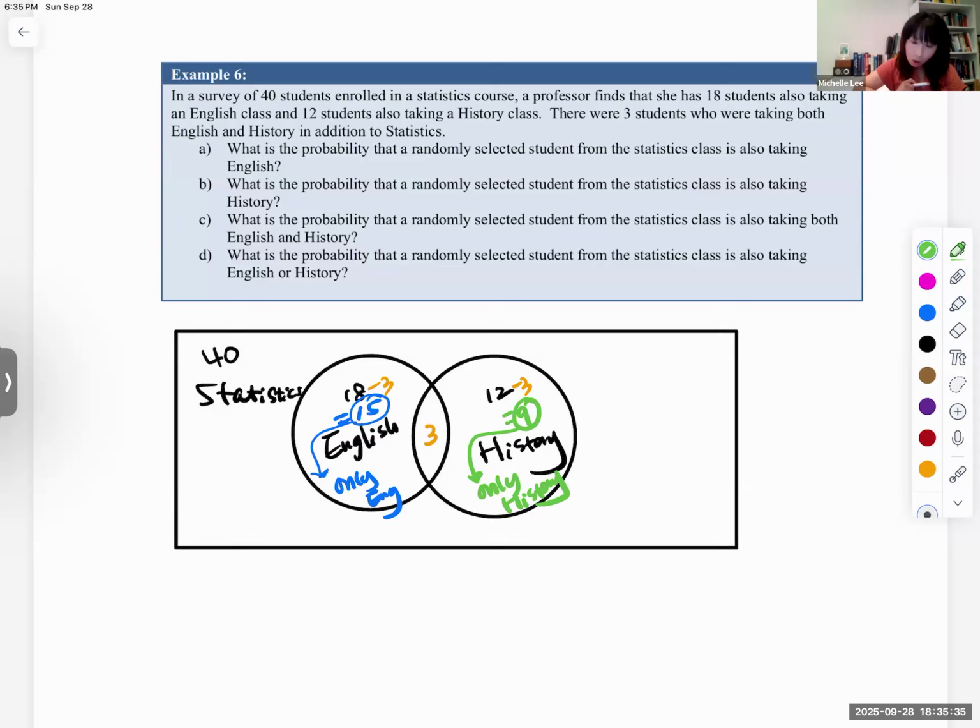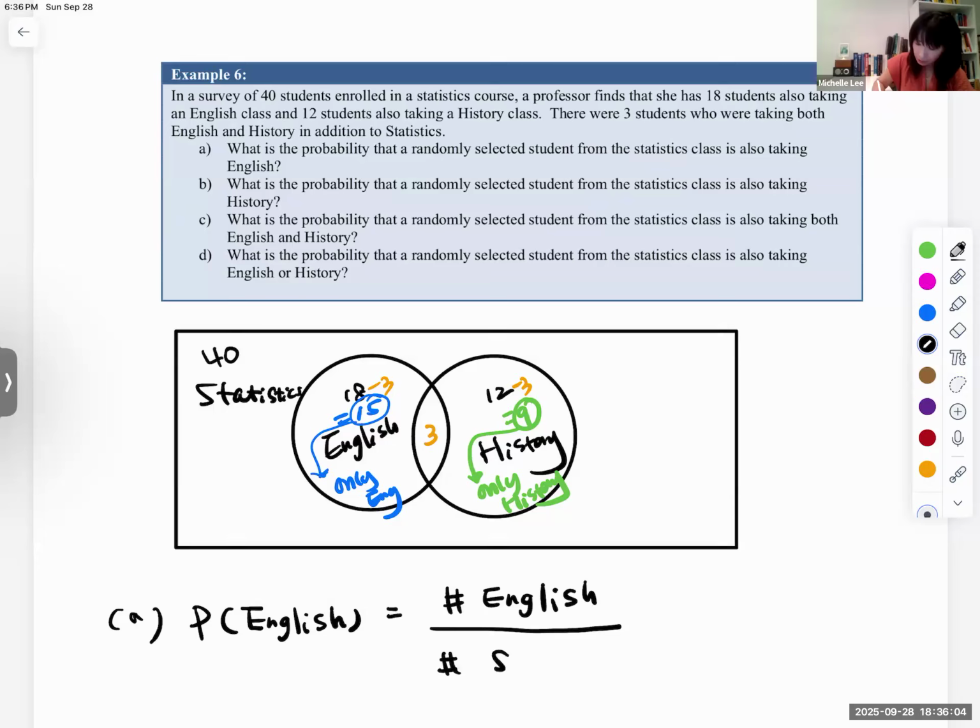Part A, what is the probability of taking English class? That means, from the statistics students, taking English. The probability of English is the number of English class over the number of sample space. What's the sample space? 40. Good. How many for English class? 18.